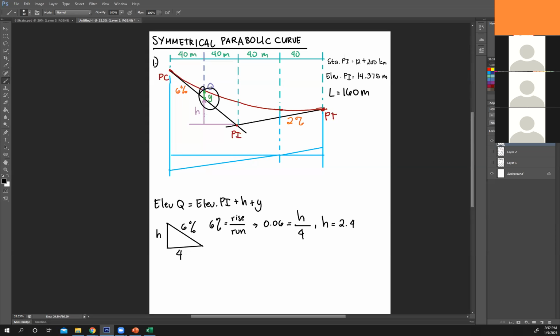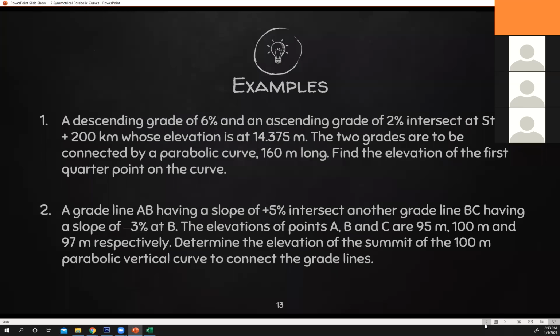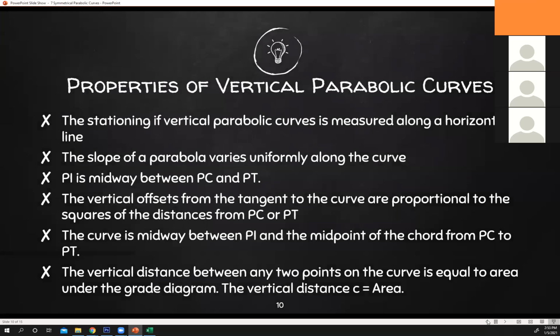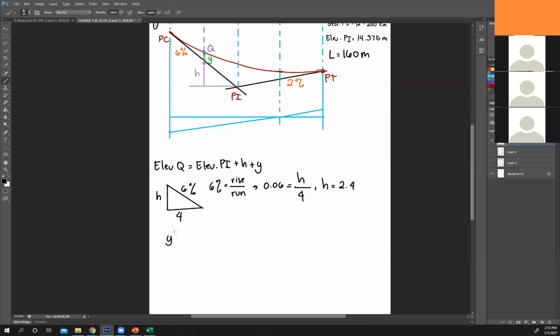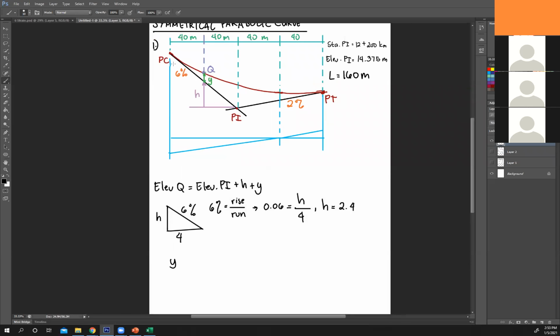So remember, we had this ratio for offset distances. Okay, so it's Y. Looking back at our, yeah, vertical offset proportion to square distance from PC or PT. So vertical offset Y, distance from PC would be this length. Okay, so distance from PC, this is PC, to your Y is this, which is equal to 40.